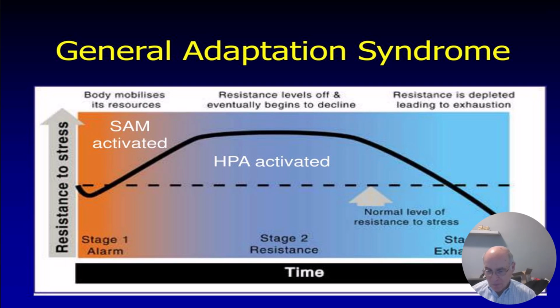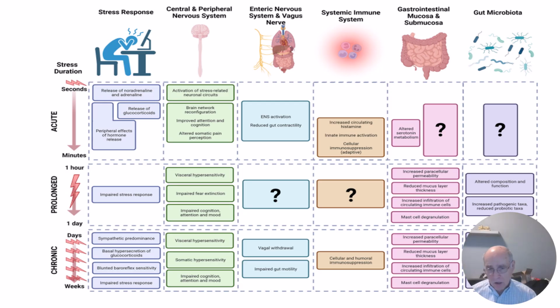How were they delivered, vaginally or by C-section? So you're activating your HPA axis, driving more cortisol levels, and ultimately you see at some point the body can no longer handle this resistance phase to the stressor, and suddenly you have adrenal exhaustion.